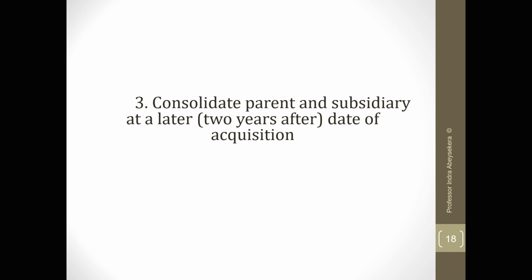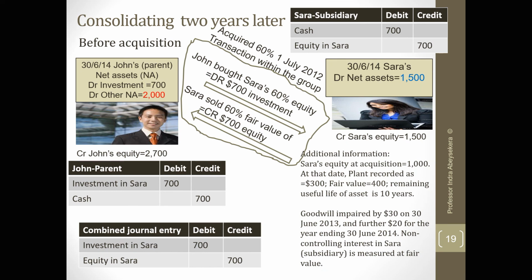The third, consolidate parent and subsidiary 2 years after the acquisition. So we take the same example, but now the acquisition took place 2 years ago. We are given additional information.